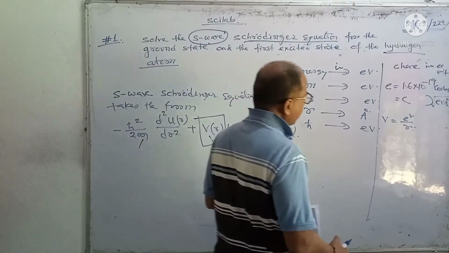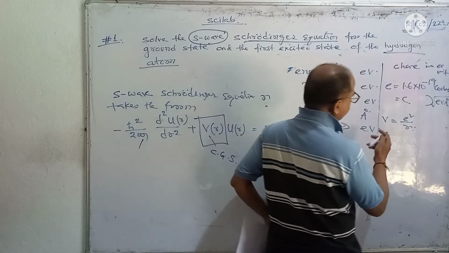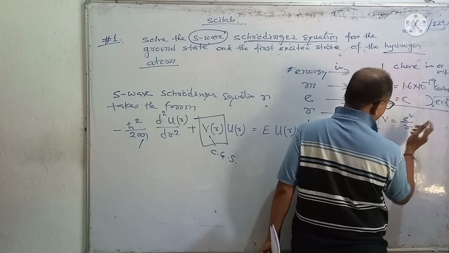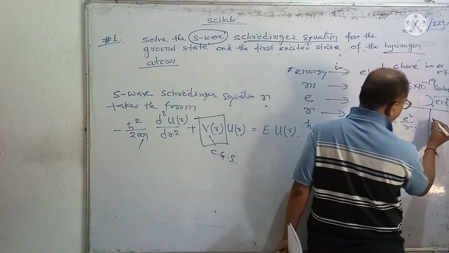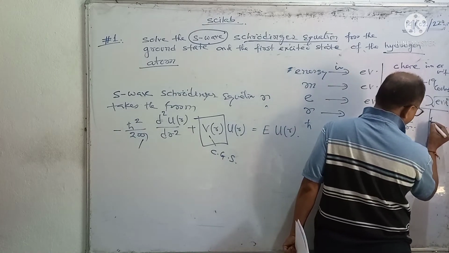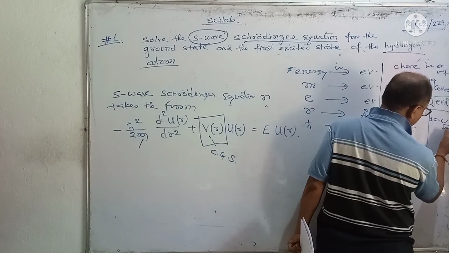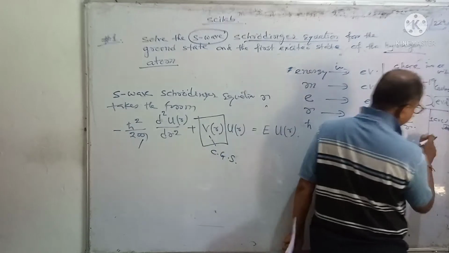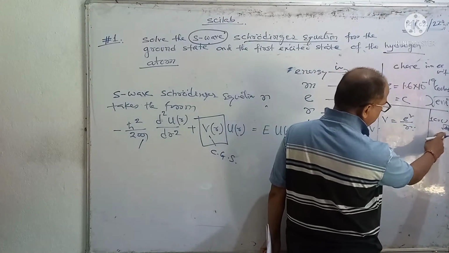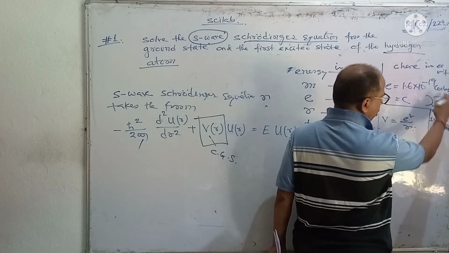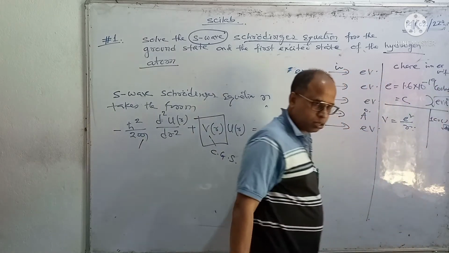Now, before going to this value, I want to find a relation between 1 coulomb and how much electron volt angstrom. Then if you know 1 coulomb is equal to this, then 1.6 into 10 to the power minus 19 coulomb is equal to this into this.